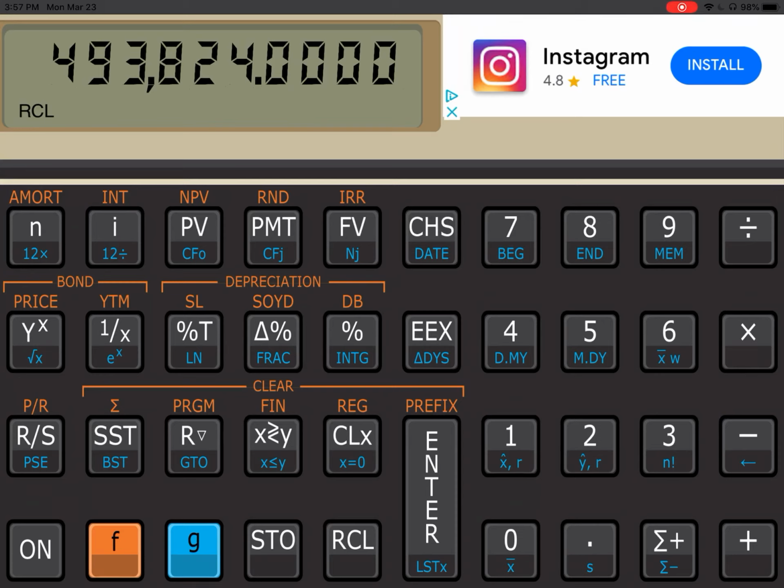You have 9 store locations, so you can store a number in every location if you wanted to, or a different number in each, and you can recall it from every location. Again, G clear X, G4X will clear all of your memory, including what's in your store and your functions.